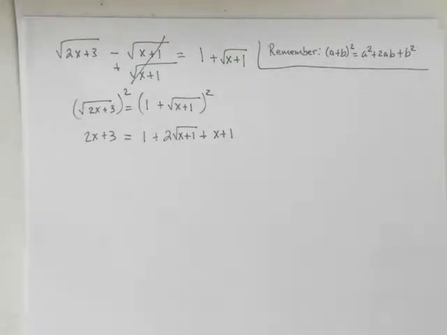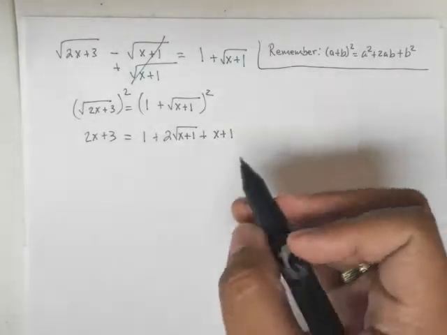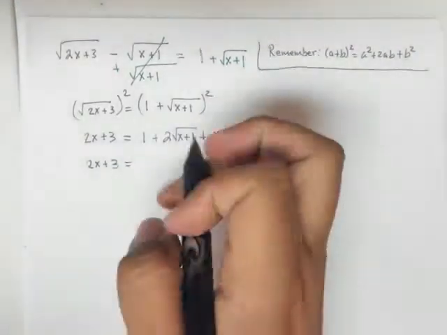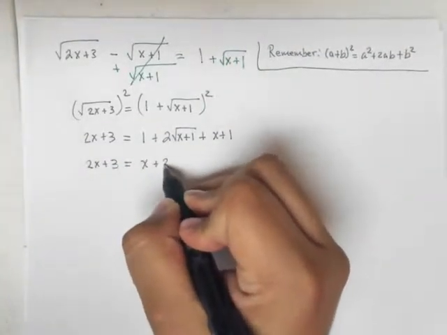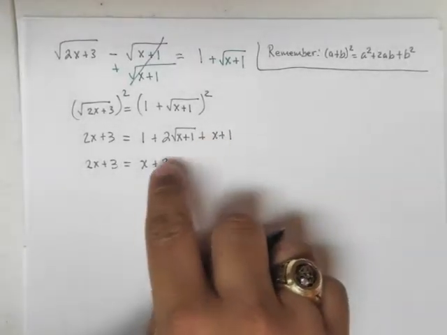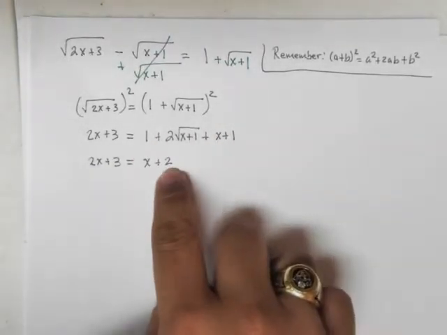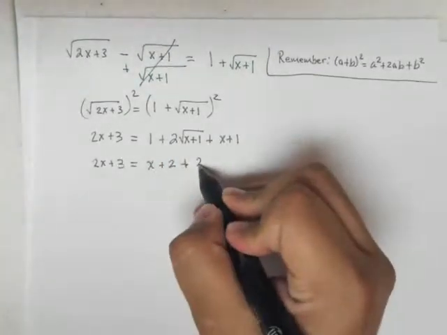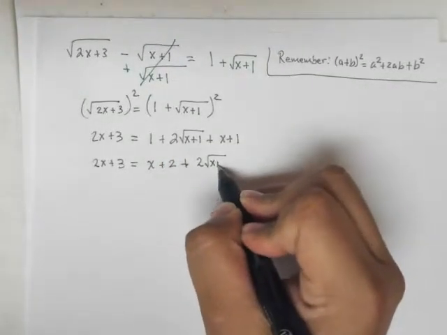Okay, now let's continue. So what we're going to do next is worry about combining like terms. I'm going to get 2x plus 3 equals x plus 2, x, and then 1 plus 1 is 2, plus, not to be confused with this 2 square root of x plus 1.